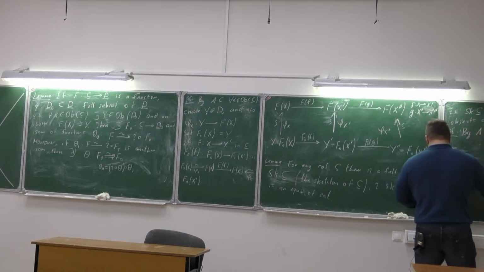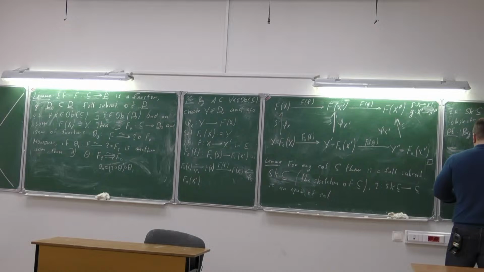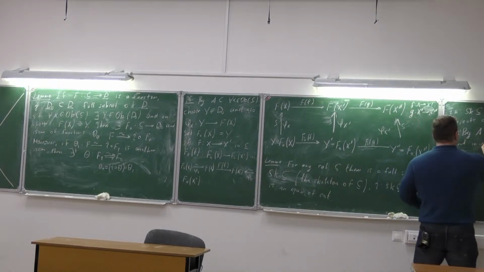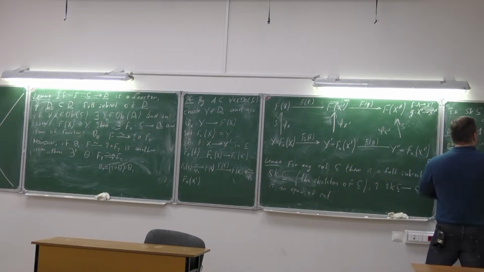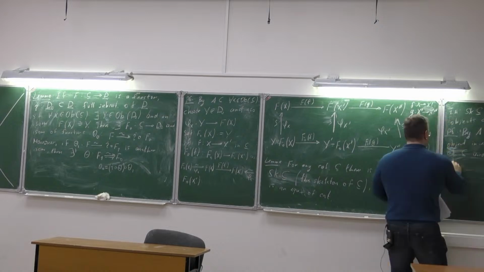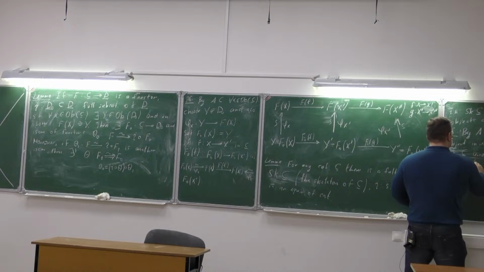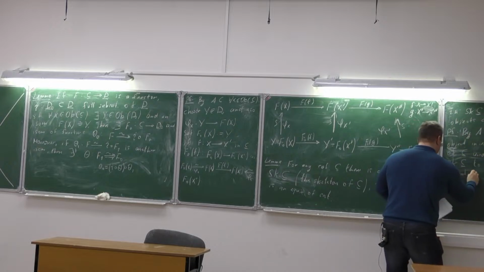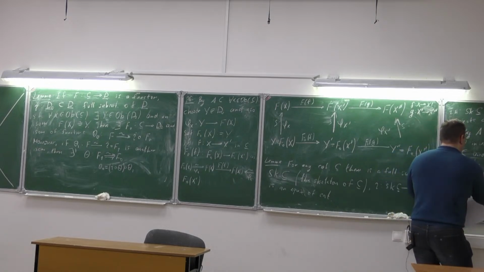By the axiom of choice, choose one object in each isomorphism class of the category C. And let the skeleton of this category be the full subcategory consisting of these objects.